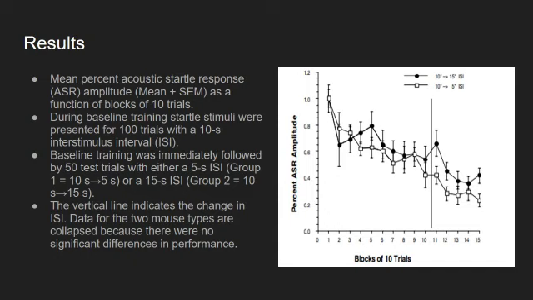This vertical line indicates a change in the interstimulus interval, and the data for the two mouse types are collapsed, as there was no significant difference in the performance.